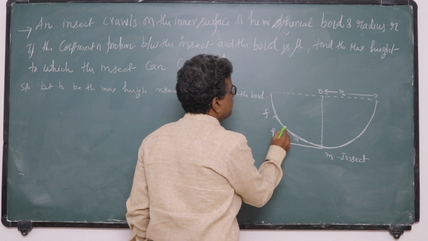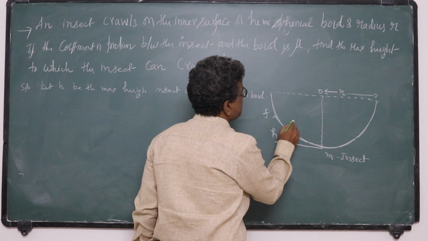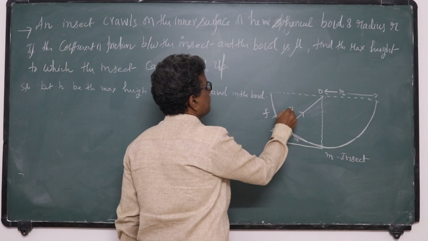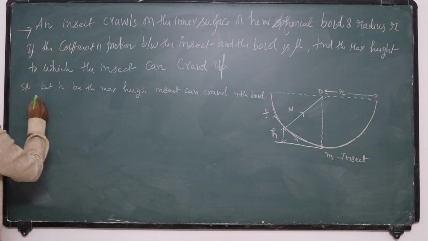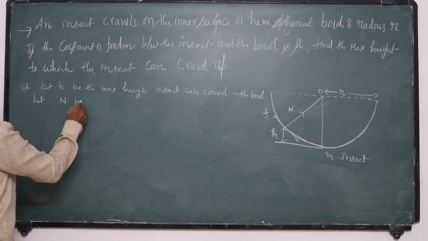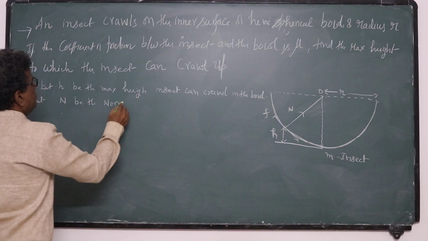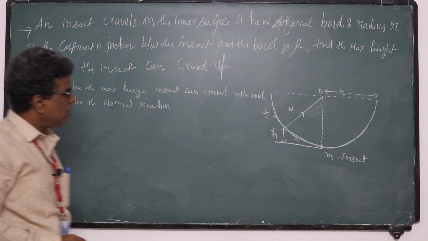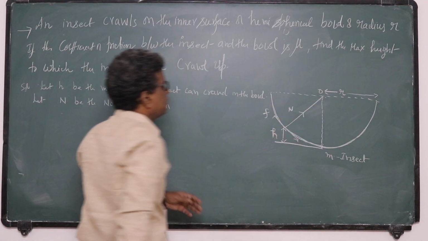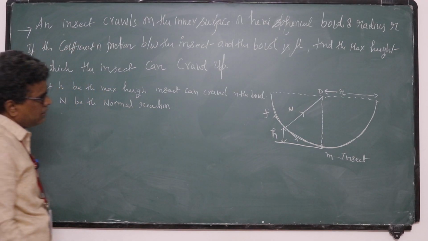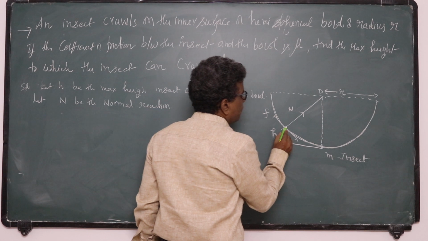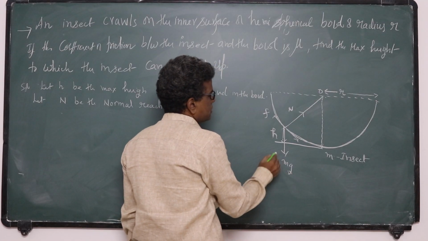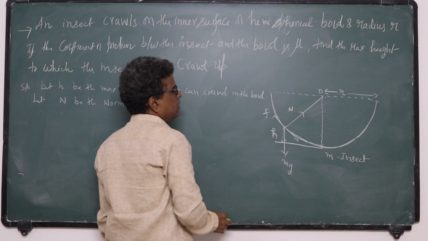So what are the forces acting on this? The normal reaction, let it be n, is the force exerted by the bowl on the insect, towards the center O. The weight mg acts vertically downwards.